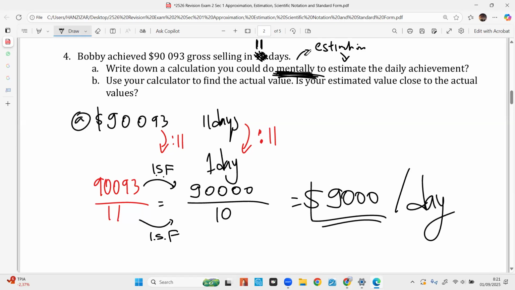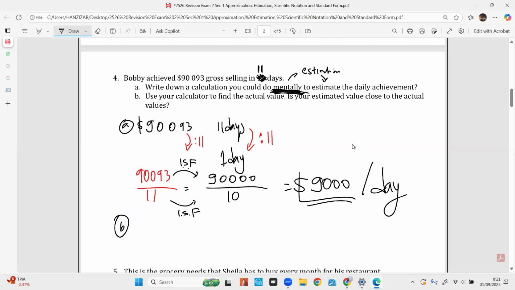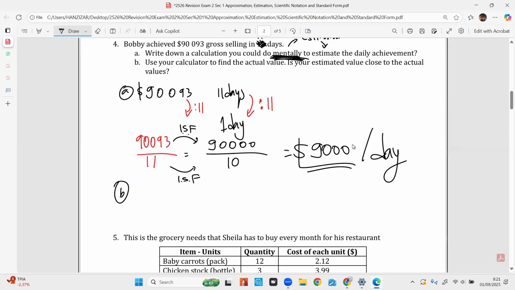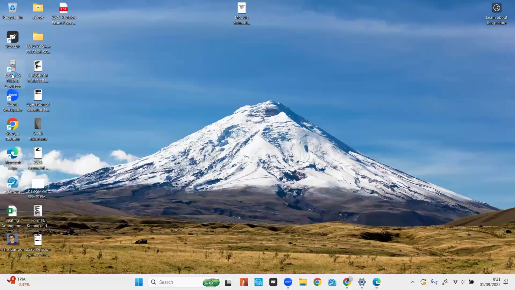Now for question B, use your calculator to find the actual value. Actual value means the number is not estimated. So just purely doing the working like this. And you can determine whether the estimated value is close to the actual value. Let's check. I'm opening the calculator right now.